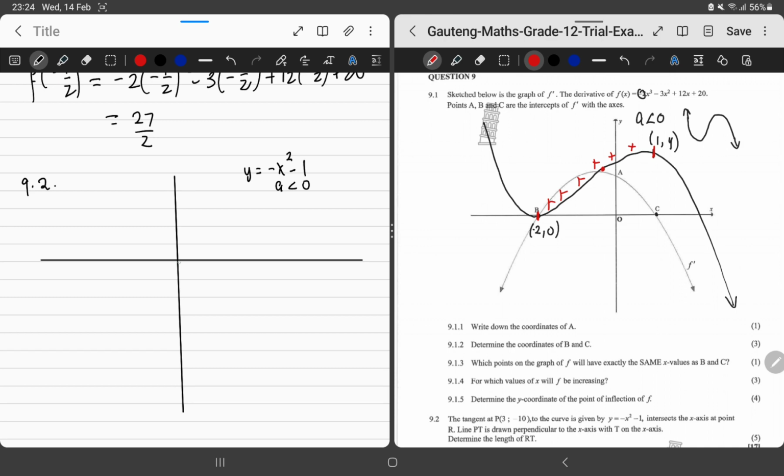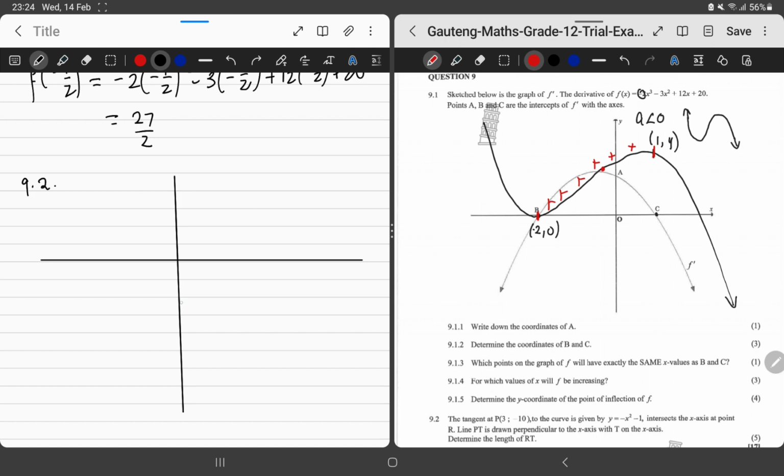The original graph of a parabola looks something like that, when you have y = -x^2. So now I have a minus 1, so I'm shifting the graph 1 unit down.